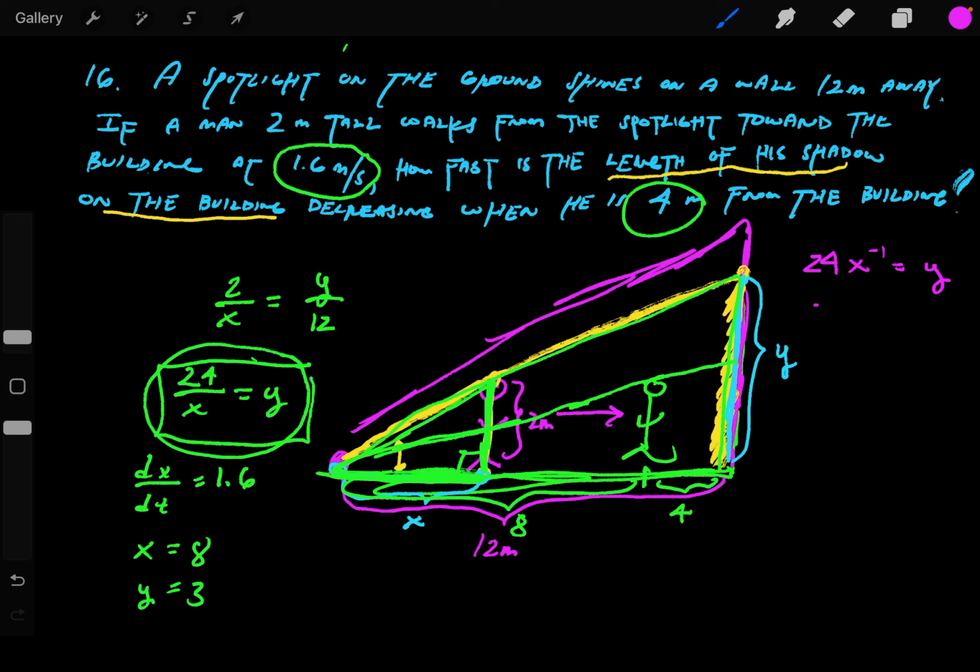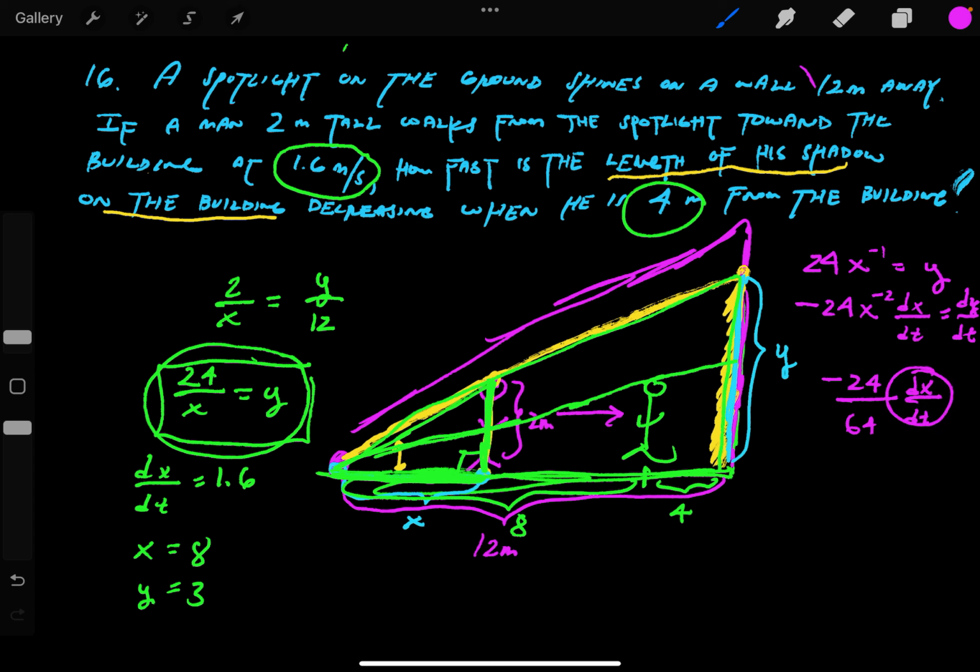The derivative is going to be negative 24x to the negative 2 times dx/dt is equal to dy/dt. So I get negative 24 over x squared, and x is 8, so it's over 64, times dx/dt. I know dx/dt is 1.6. So it's negative 24 over 64 times 1.6 is dy/dt.